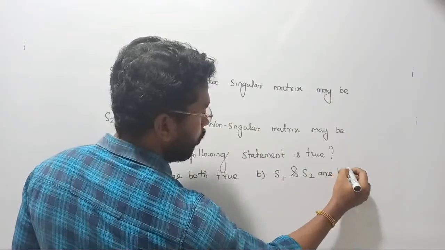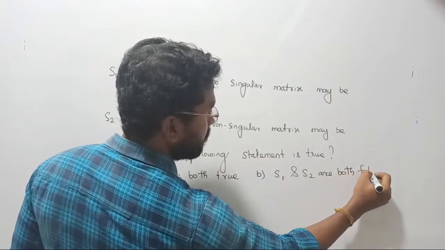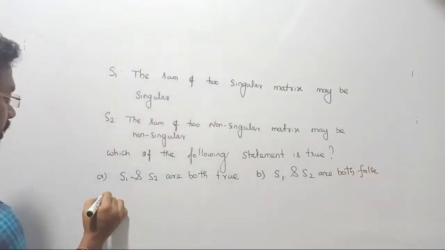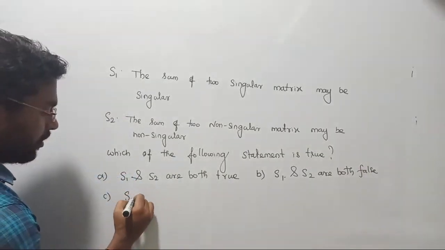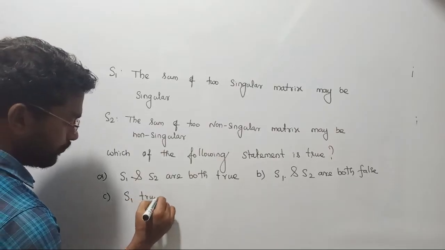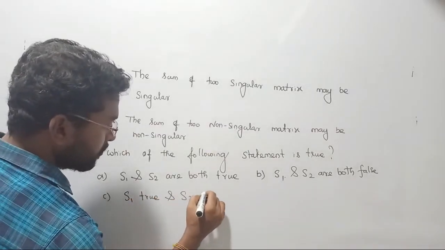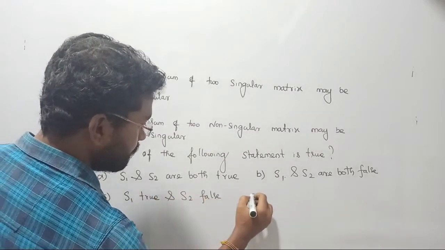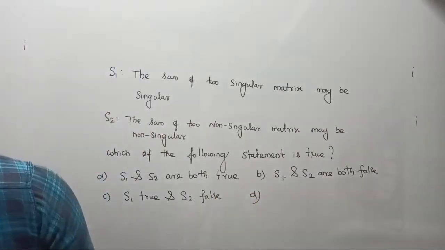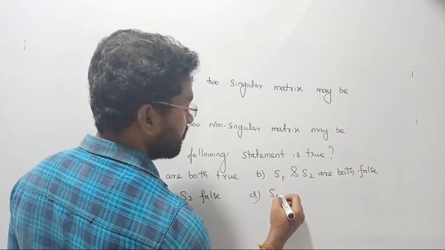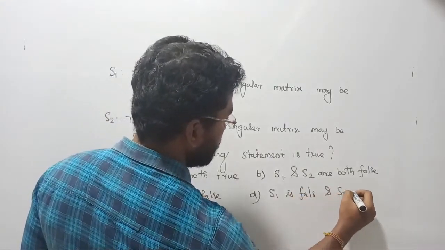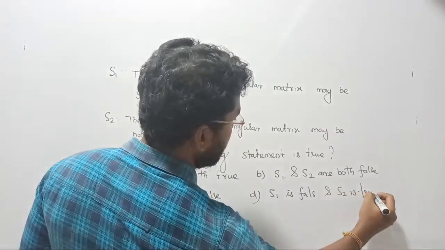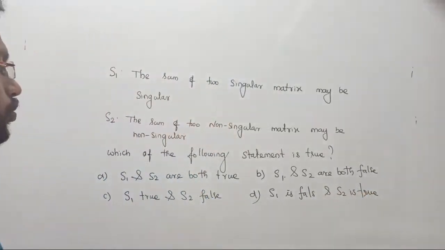Option C: S1 is true and S2 is false. Option D: S1 is false and S2 is true.